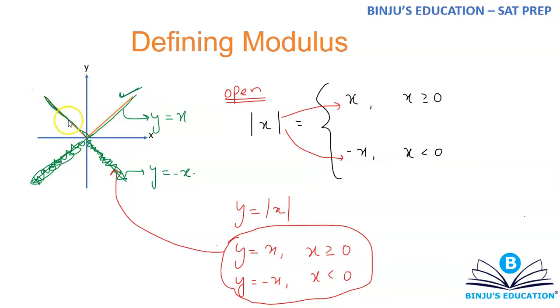So you will basically be left with only this part, the V shape. This is how you get this graph. First you are defining it, and then you are finally drawing the graph. This part is for y is equal to x, and this part is for y is equal to minus x.